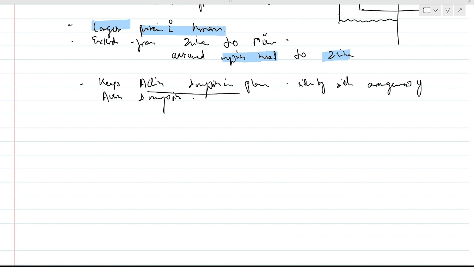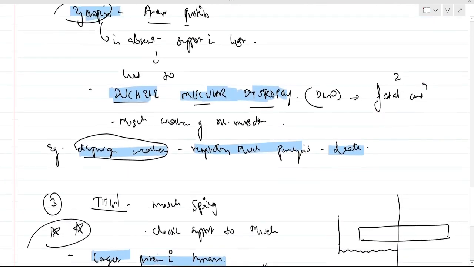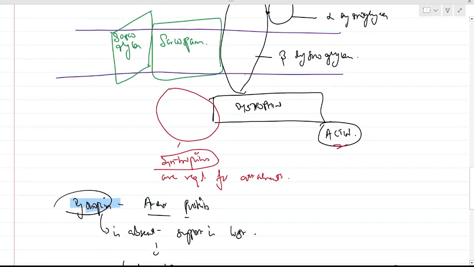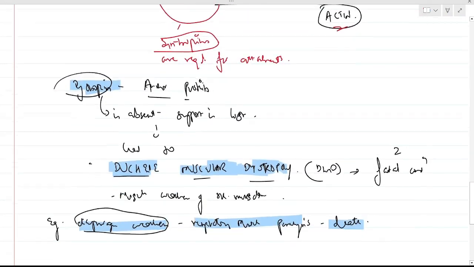It keeps the actin and myosin in place. Titin is an important protein, asked many times before. So this was all about our three types of support proteins: desmin, dystrophin, whose absence leads to Duchenne muscular dystrophy, and titin. Following on to our third type of muscle protein, regulatory proteins.